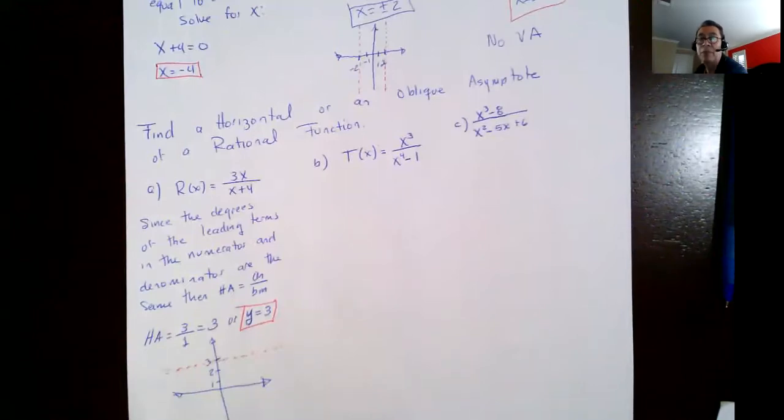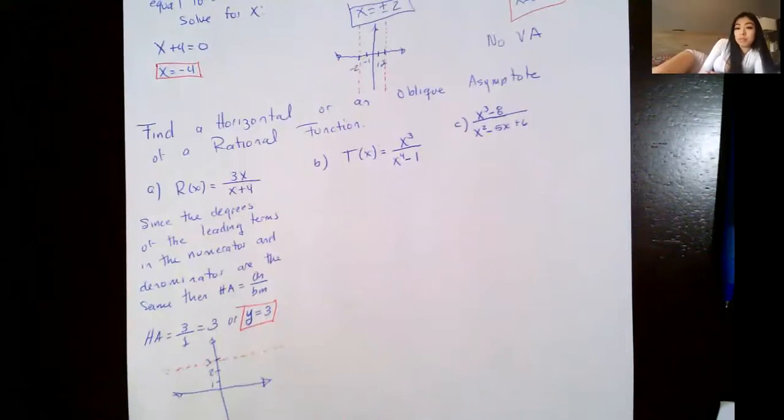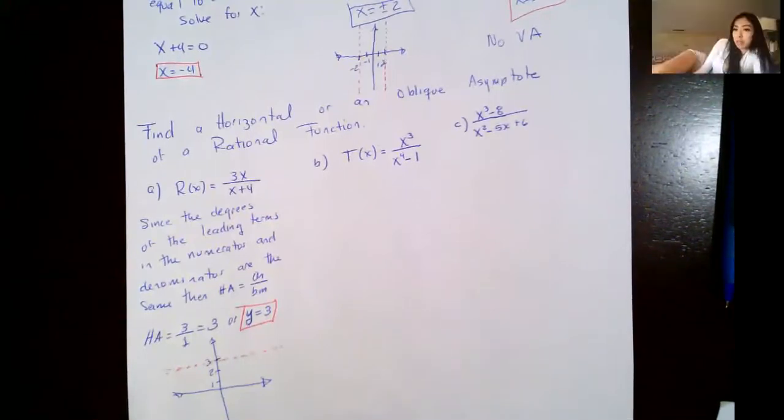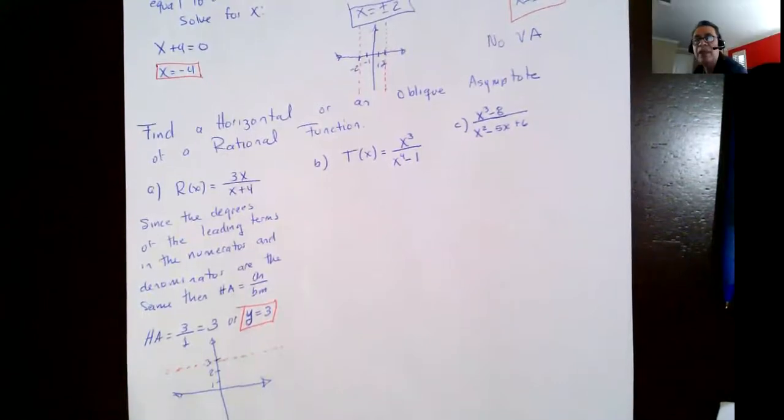In other words, the leading term is the term that has the highest or the greater degree in a polynomial. Make sense? The term that has the greater degree in a polynomial is the leading term.